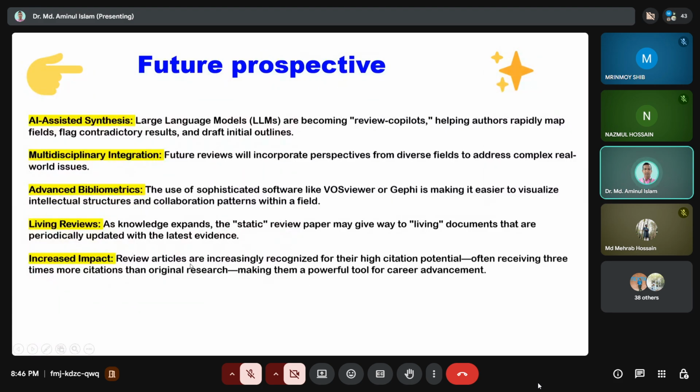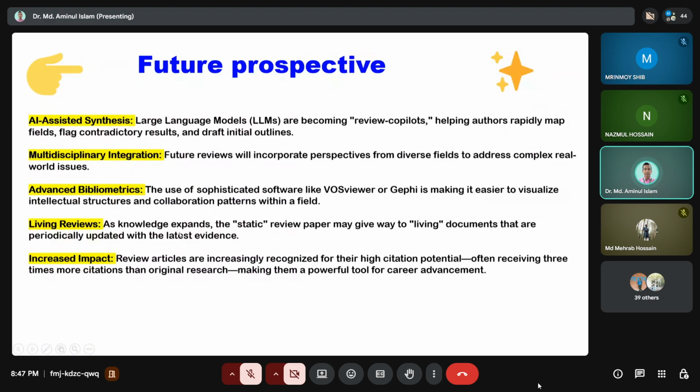And nowadays living reviews are also available. That means you publish a review, then when updated information comes, you can edit and update the review. So I found several reviews on the same topic by the same author. Then I checked what the difference is between these articles.